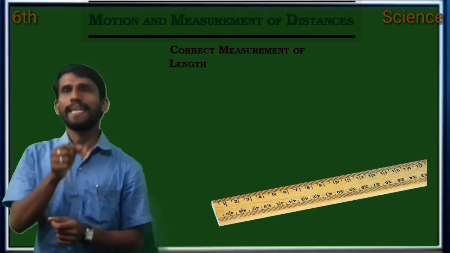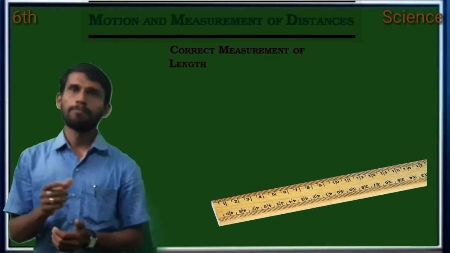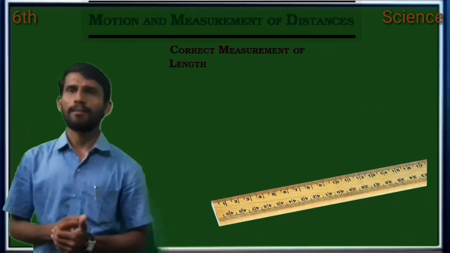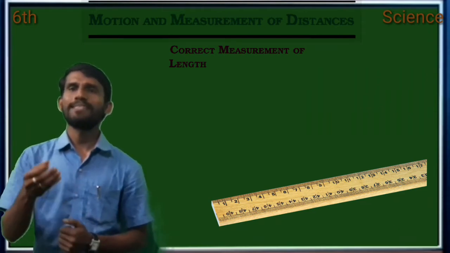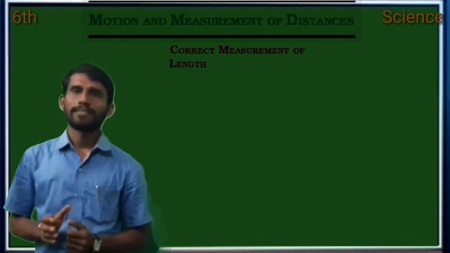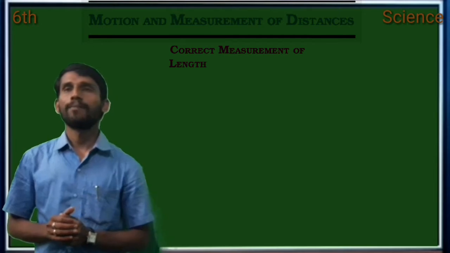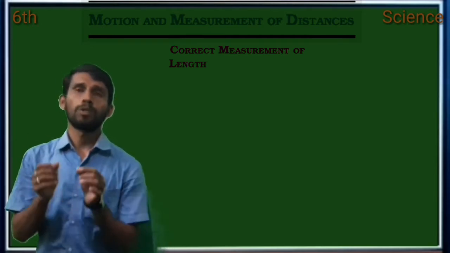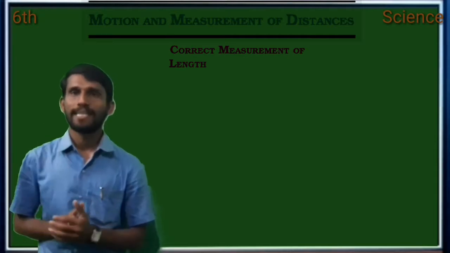If you are measuring any small object, you can use a small measuring scale. We have to know that to measure any object, we have to use a suitable device.